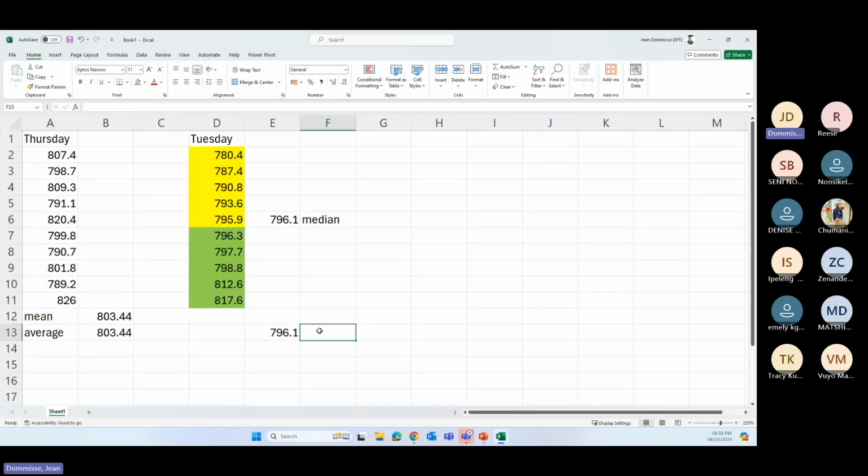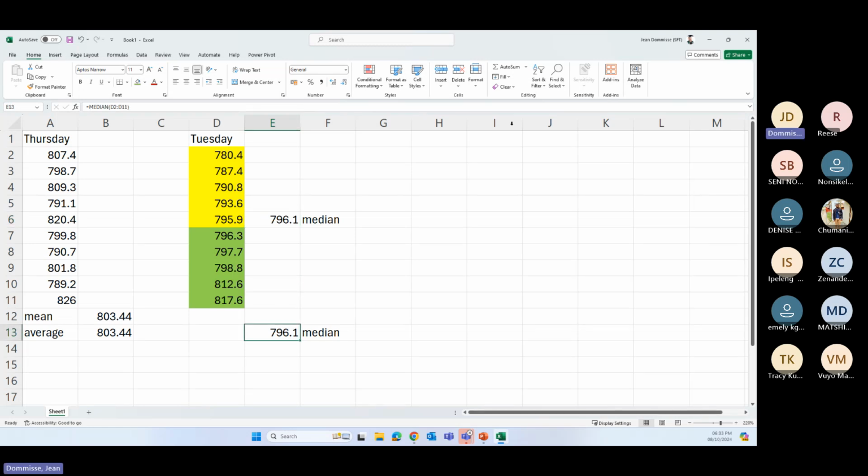Or we could have used the built-in function within Excel that looks at the data, ordered or not ordered. Excel does it itself, and you can see it is exactly the same answer.